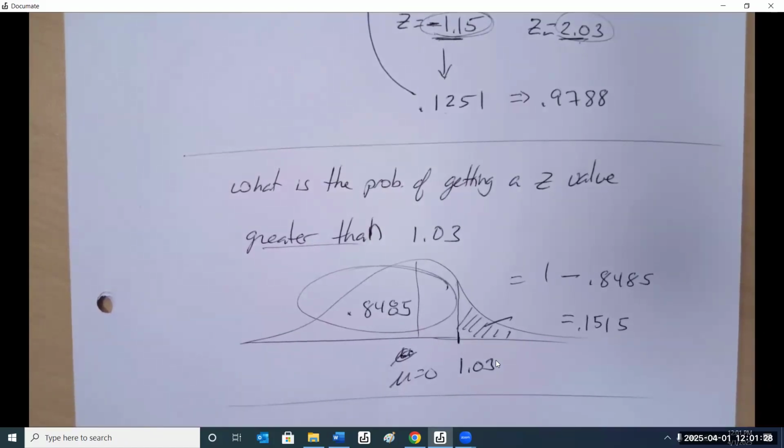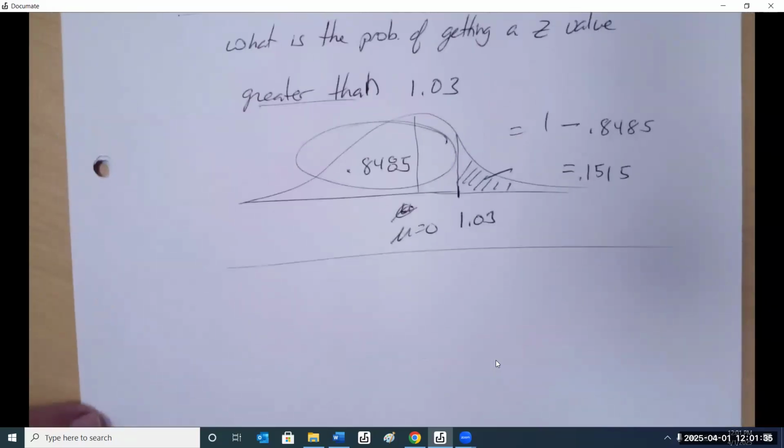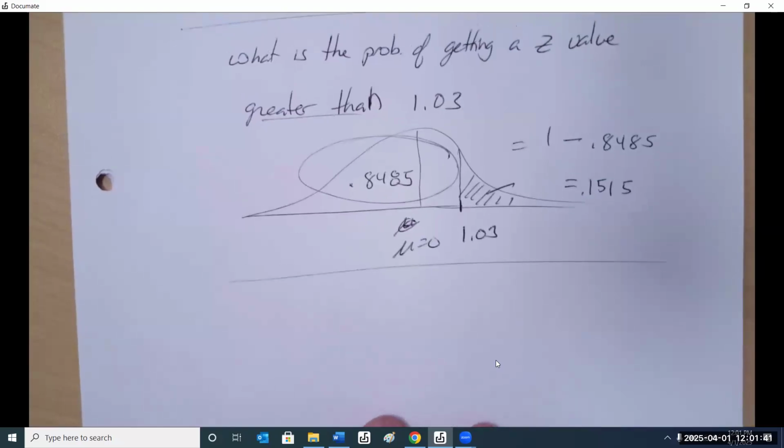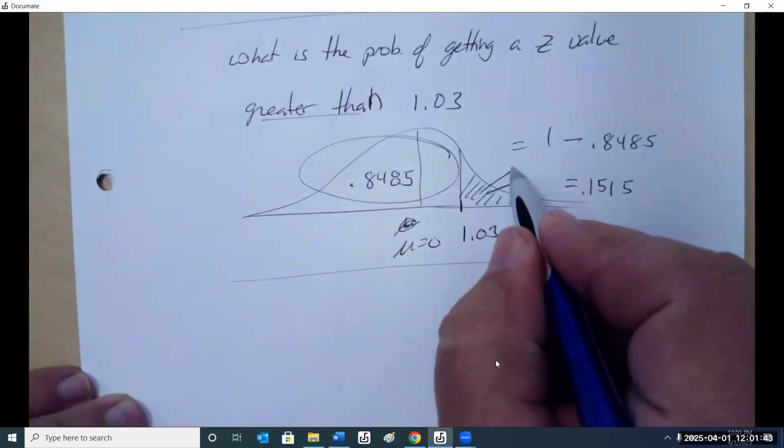That's how much. Another example. So very important, the chart tells us whatever that value is to the left of it. These are what we call one-tailed tests. It only happens at one side.